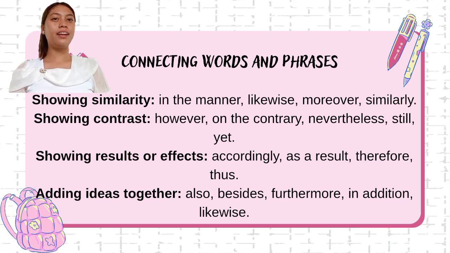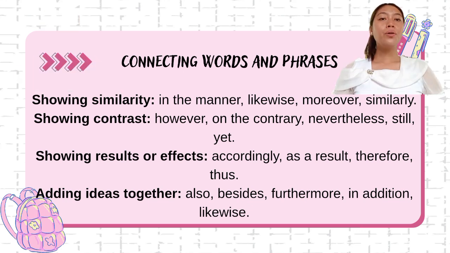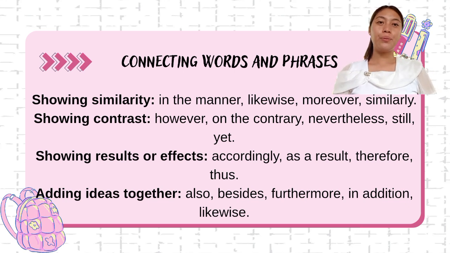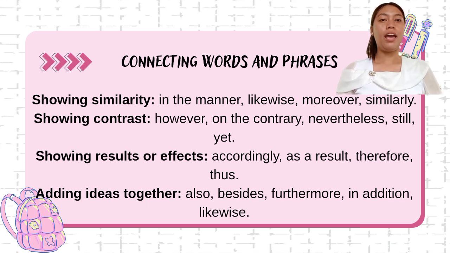Transitional devices are key to coherence. They help the reader understand how ideas relate to each other. Showing similarity: in the same manner, likewise, moreover, and similarly. When showing contrast: however, on the contrary, nevertheless, still, and yet.